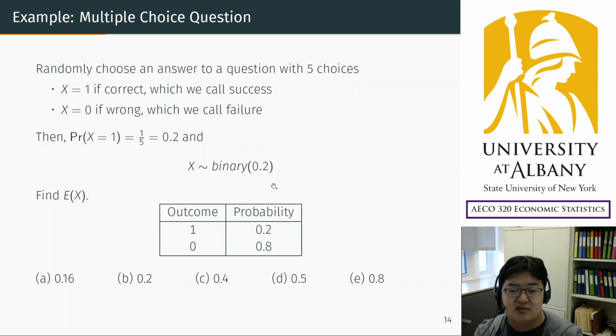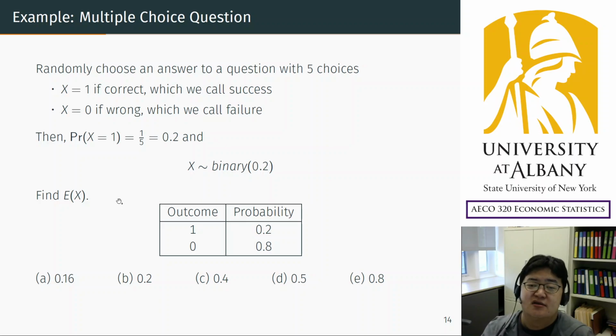And in this case, you know the probability distribution, and now I'm asking you to find the mean. What is the expected point you get when you randomly choose an answer?